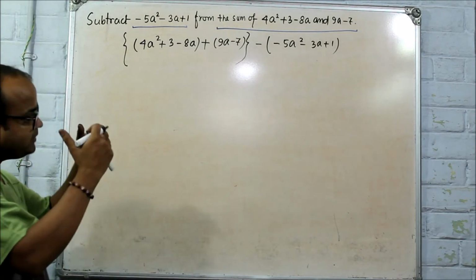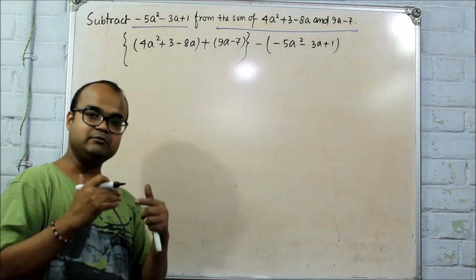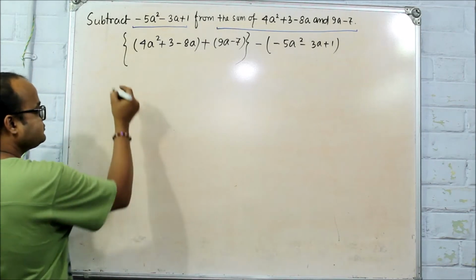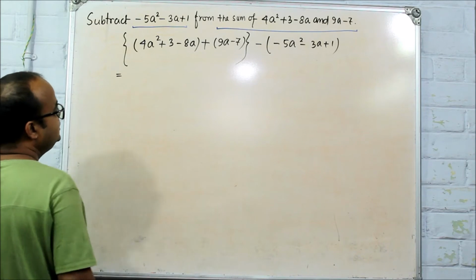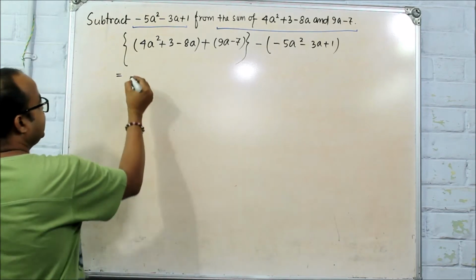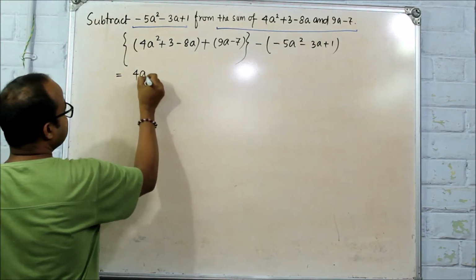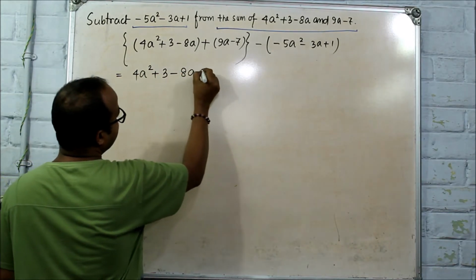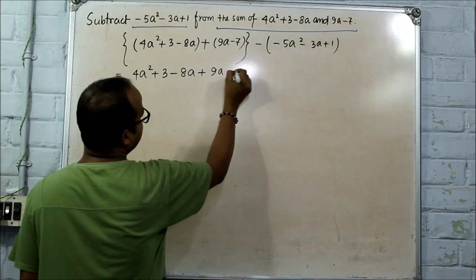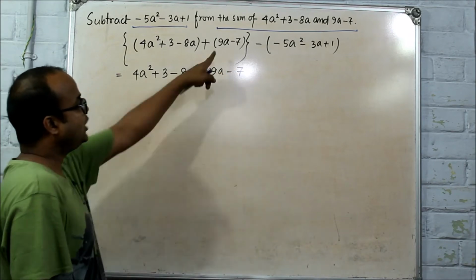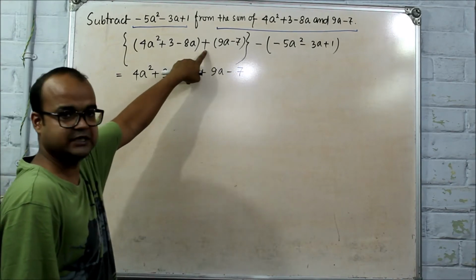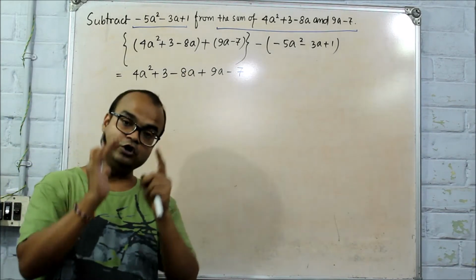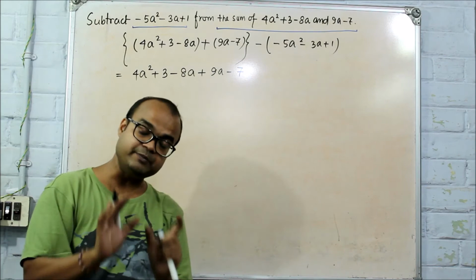Clear? So whatever the statement is given, I am writing into mathematical form. Now we open up the bracket. So 4a square plus 3 minus 8a plus 9a minus 7. See, outside the bracket a plus sign is there. When a plus sign is outside the bracket, all the terms within the bracket remain the same.